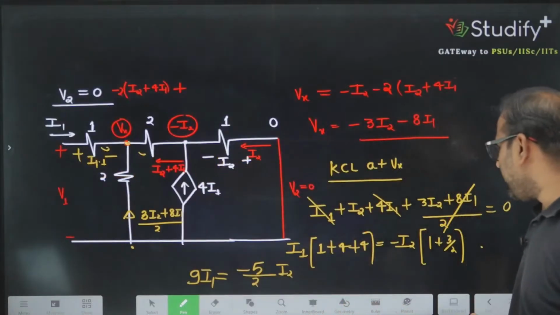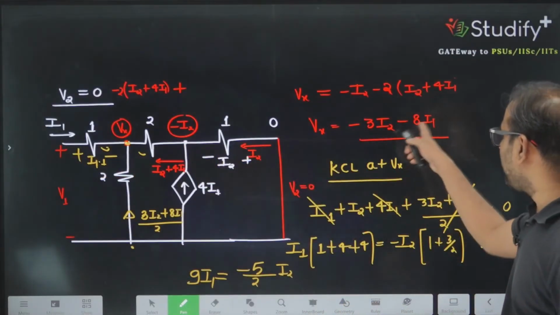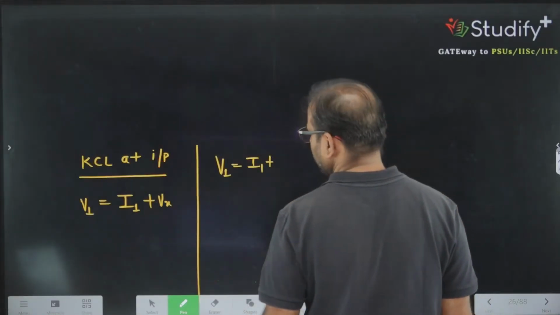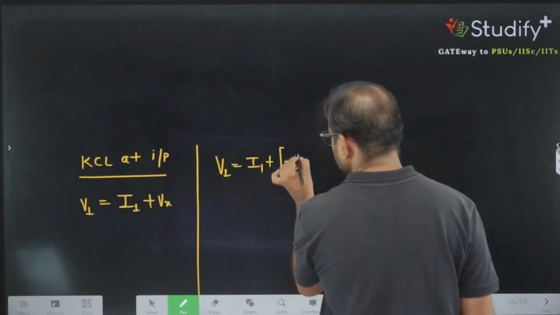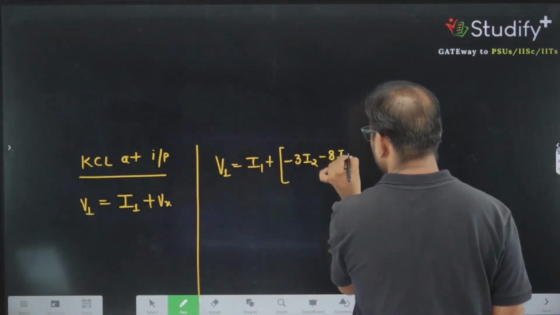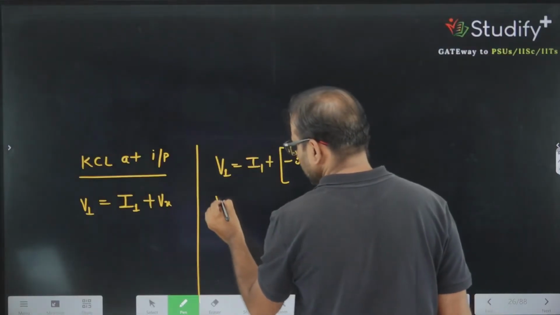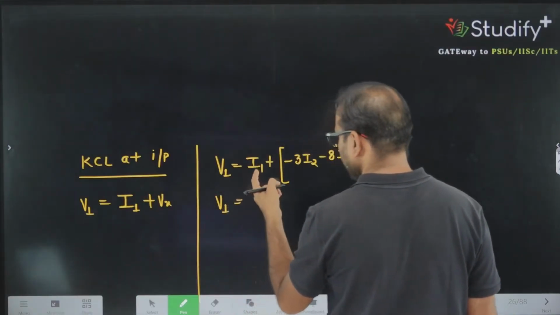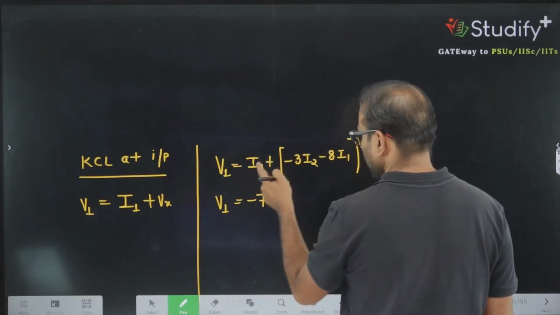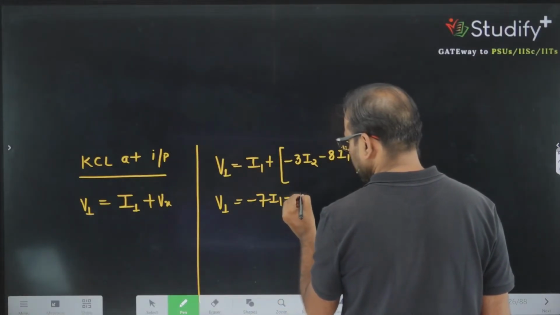What is the value of Vx? The value of Vx is given by this: minus 3I2 minus 8I1. Or you can say V1 is equivalent to minus 7I1 and minus 3I2.